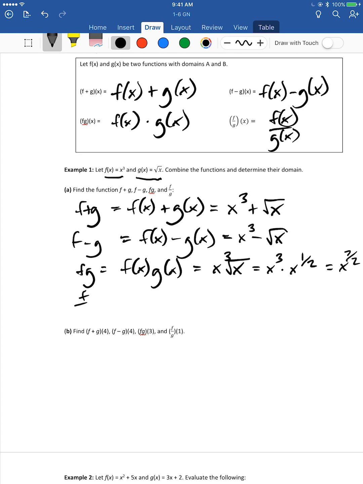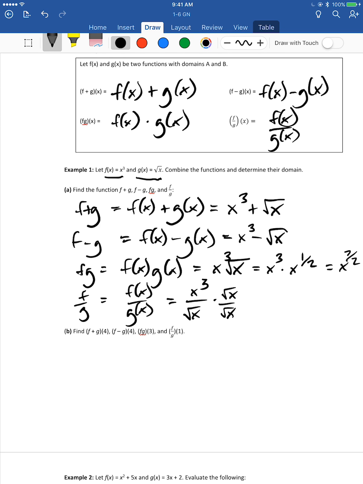Finally, we have f over g, which is f of x over g of x, or x cubed over the square root of x. Now, we should probably rationalize this denominator. If we remember, that's just us getting rid of a radical in the denominator. It makes our function a whole lot nicer. So we multiply by 1.